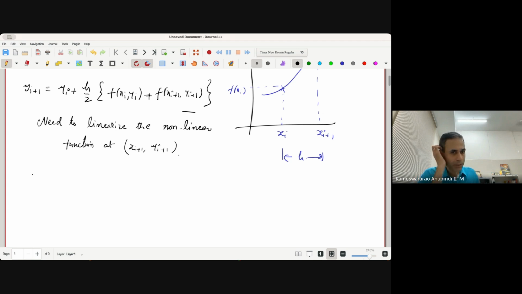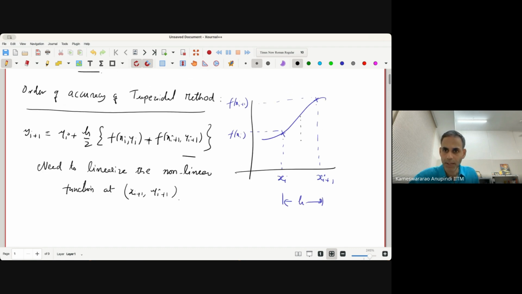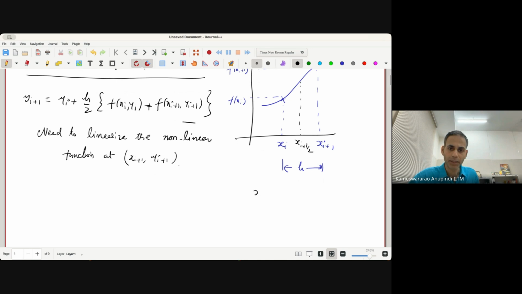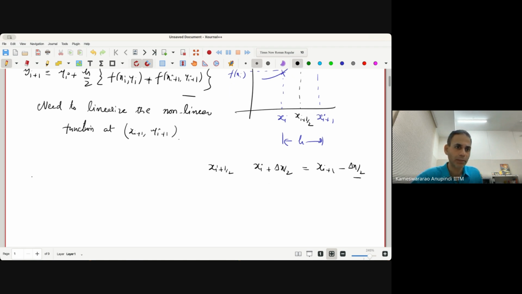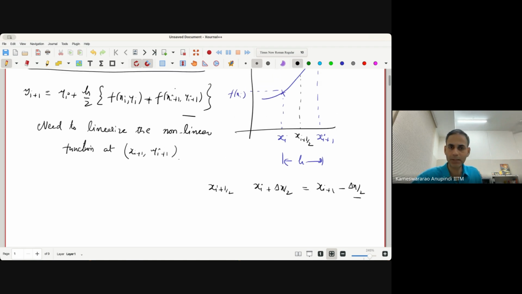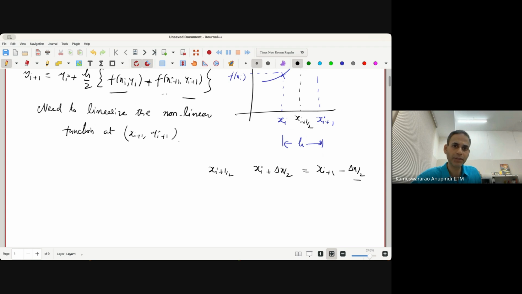Now because in the trapezoidal method things are going to be about the xi plus half, which is nothing but xi plus delta x by 2, is your xi plus half. This is also equal to xi plus 1 minus delta x by 2, right? So let me then expand the right hand side. That is f of xi yi and f of xi plus 1 yi plus 1 about xi plus half.